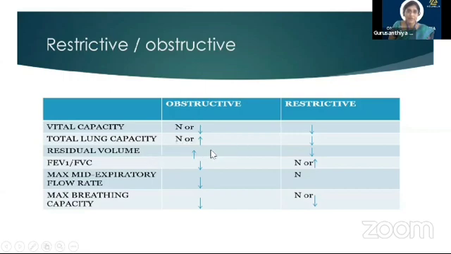The residual volume is going to be increased. FEV1/FVC, because of the fall in FEV1, is going to be decreased, the maximum mid-expiratory flow rate is going to be decreased, and maximum breathing capacity is going to be decreased. In a restrictive pattern, all lung volumes and capacities are going to be decreased, except for the mid-expiratory flow rate because of the concomitant fall in the other factors.